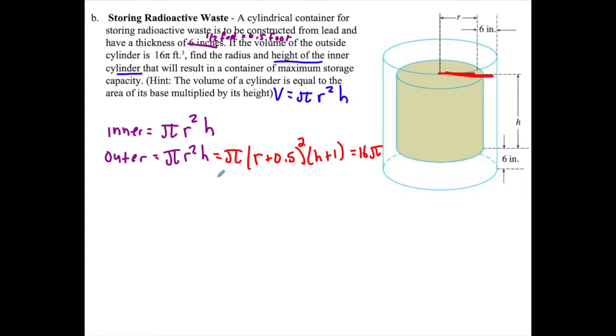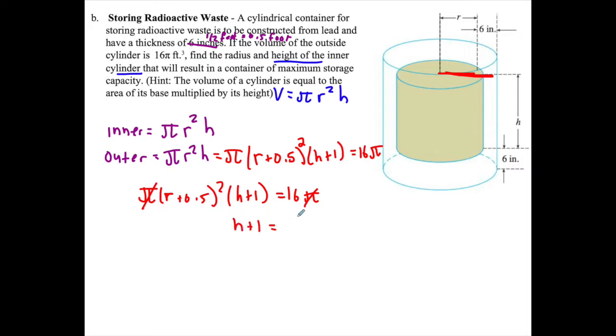So I'm going to try to simplify this and get h alone. Pi times (r plus 0.5) squared times (h plus 1) equals 16 pi. Let those pi's cancel, because we can always divide by pi. Now I want to get h alone, so I divide by (r plus 0.5) squared.